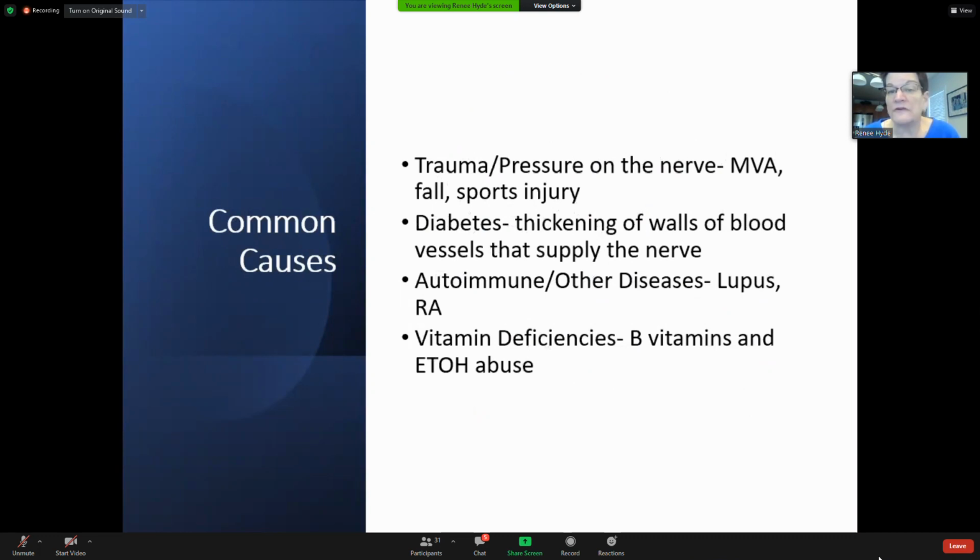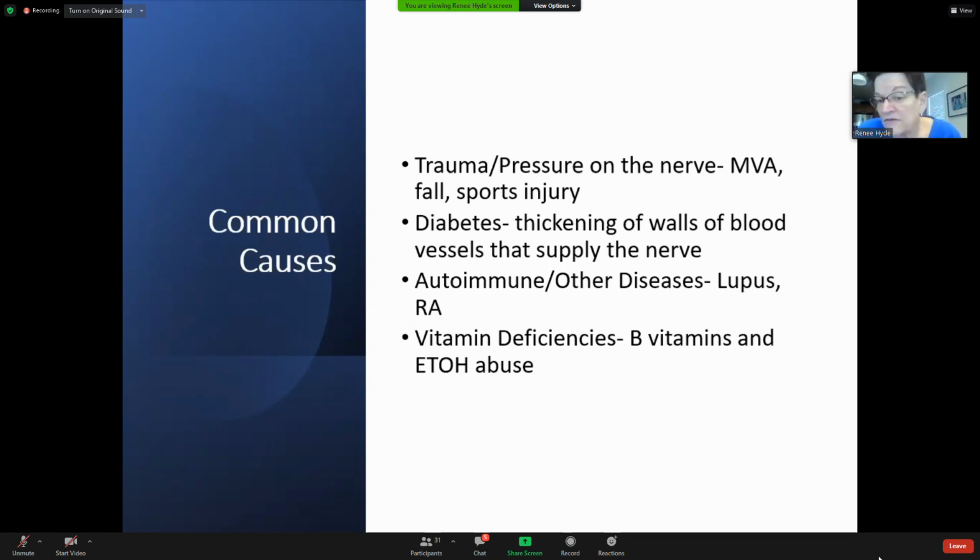Common causes: trauma, pressure on that nerve, motor vehicle accidents, falls, sports injuries, hitting your funny bone, okay? Basically, that is a trauma to the nerve that runs through the elbow. Diabetes can also cause neuropathies. A lot of your autoimmune diseases like lupus or RA, okay?